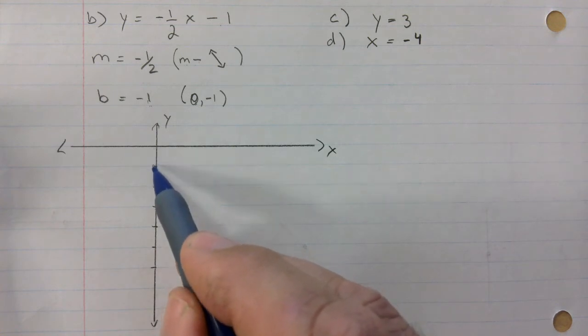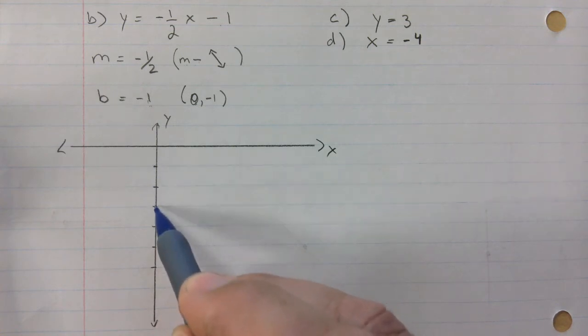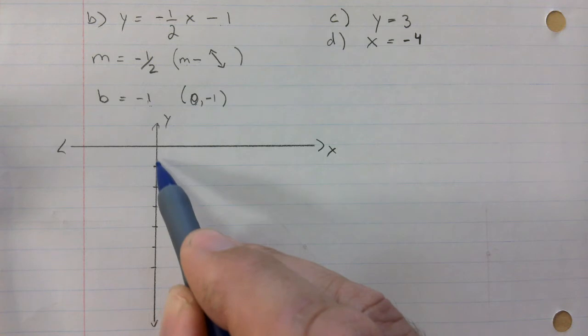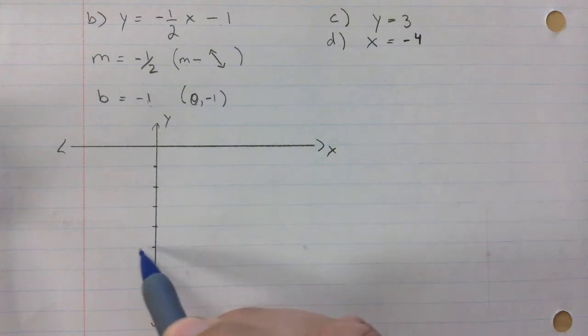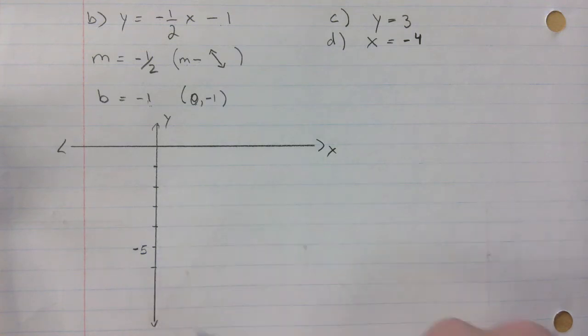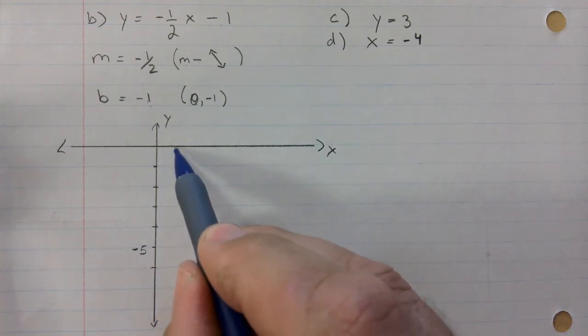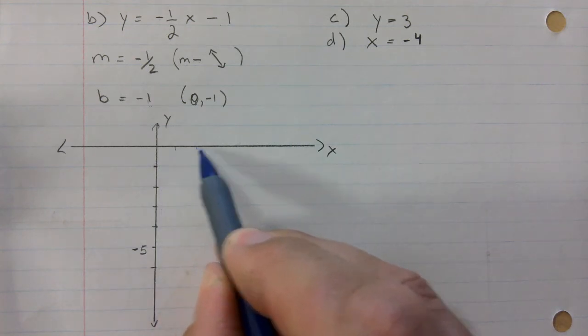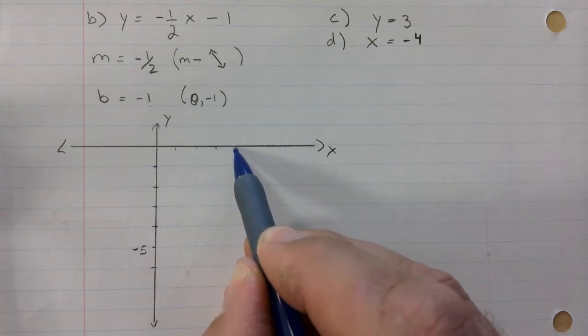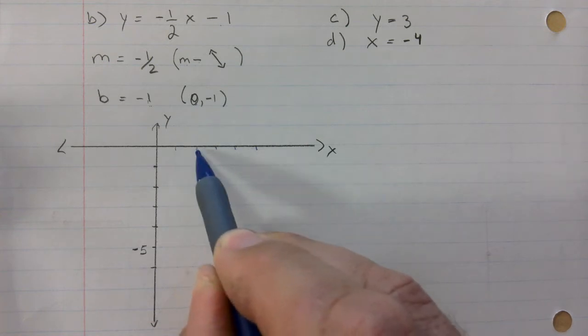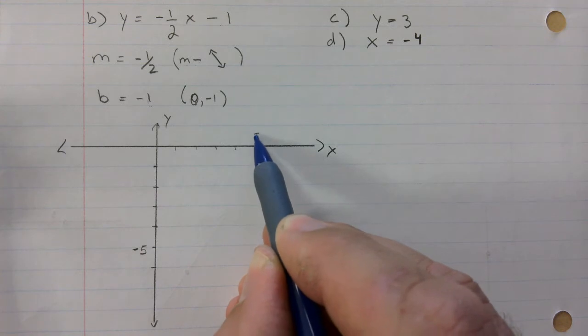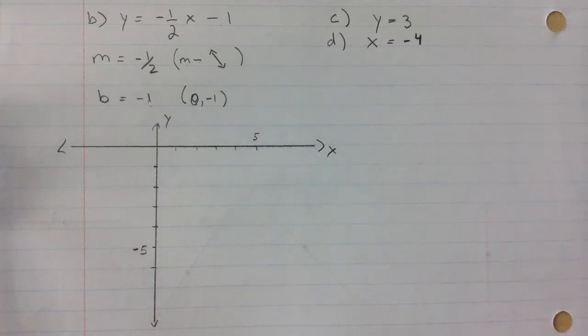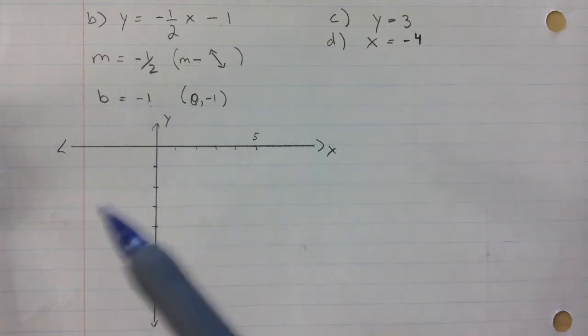So when you consider each one to have a unit of 1, then it's 1, 2, 3, 4, 5. I would just label every fifth. That's good enough for me. And then as long as you spread it out equally, so this is 2, 4, 5 right here. So now you're scaling it. It's all good. I start at -1 here.